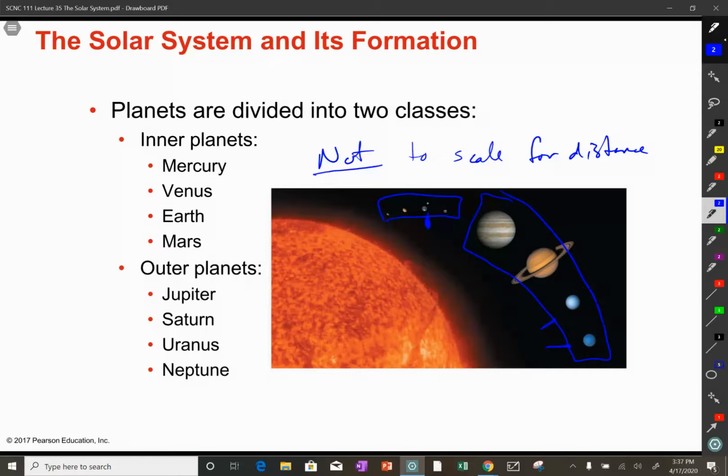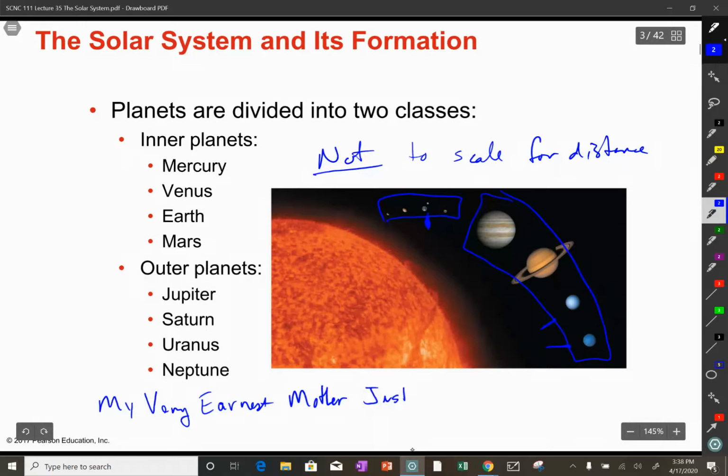And so the mnemonic that I learned is: my very earnest mother just served us nachos.